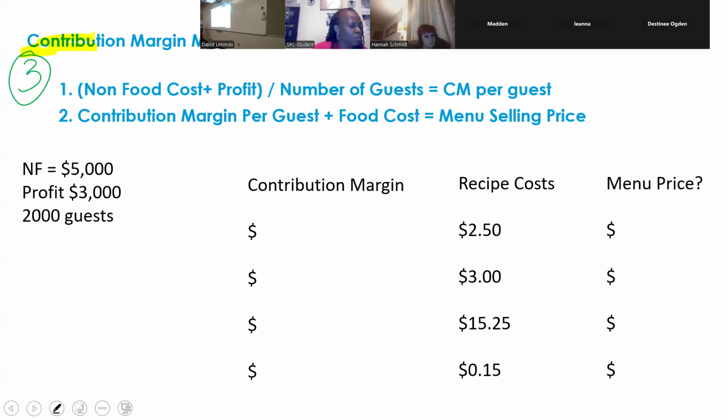When we think about the contribution margin, we think about the food cost, what it takes to make the ingredients, and then everything else contributes to our fixed costs and our profit. So basically our non-food costs. We take our non-food costs plus our profit, and divide that by the number of guests that we think we're going to have. That gives me my contribution margin per guest.